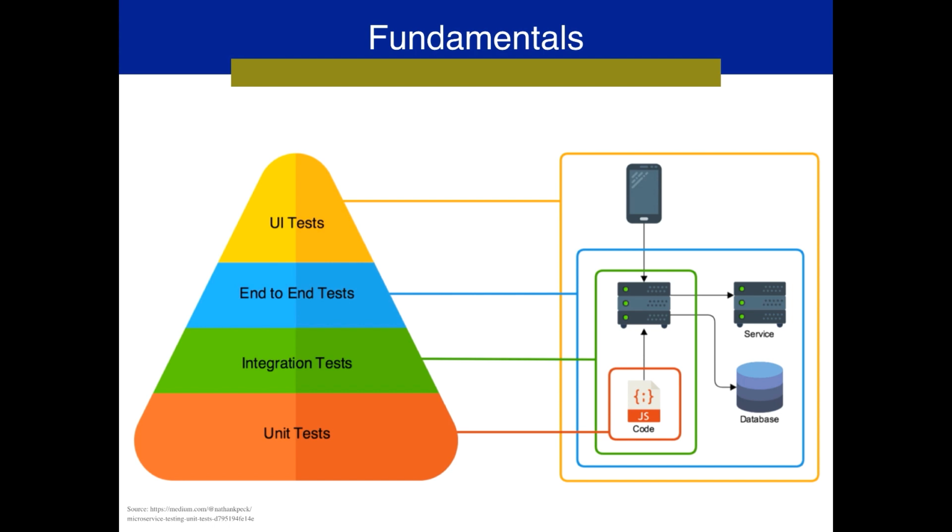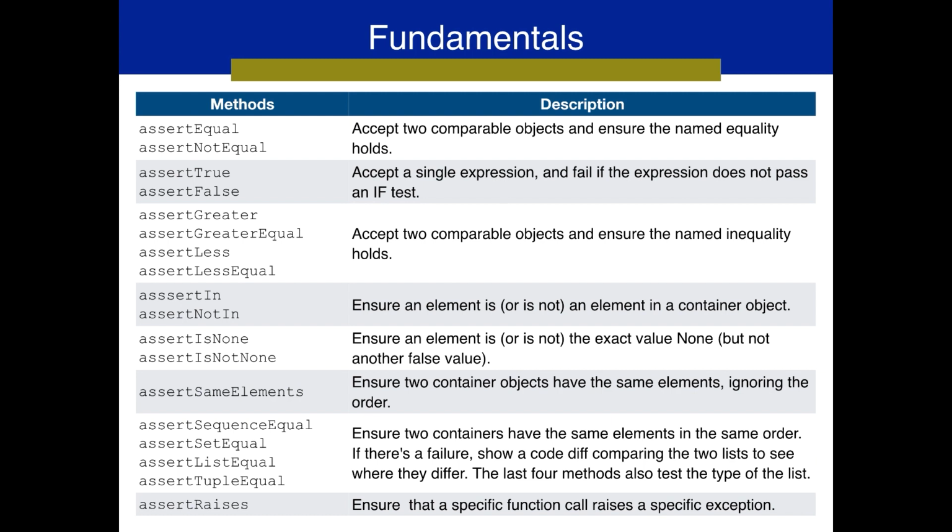Another way to see these tests is in the shape of a pyramid. So you start with unit testing, move to integration testing, and then an end-to-end test to see if it works for different machines, and finally the UI test for the user. An example in Python is assertion. So you can assert equality between two comparable objects. You can also assert if an expression is true or false, if two comparable objects are greater or equal, less or equal.